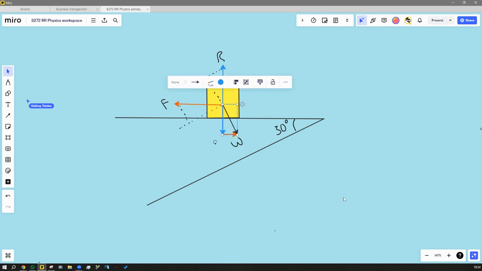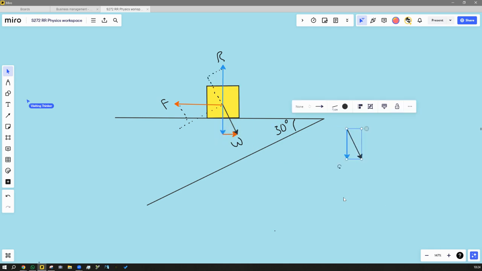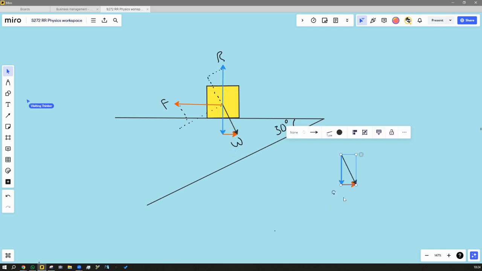Now, another way we can think about this is if we take this over here and flip it around, rather than thinking about these as components of the force. The component of the weight that is perpendicular to the slope should be equal to the reaction force, but obviously in the opposite direction.